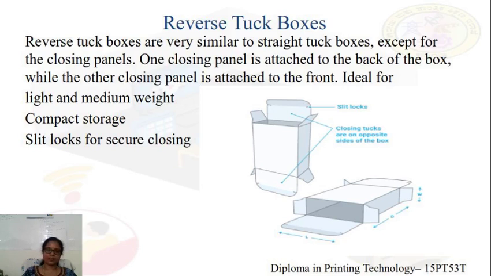In the previous style, we noticed that both the closure panels were attached to one panel, top and bottom, whereas in reverse tuck the closure panels are attached, each one of the closure flaps, to each of the front panel and the rear panel.